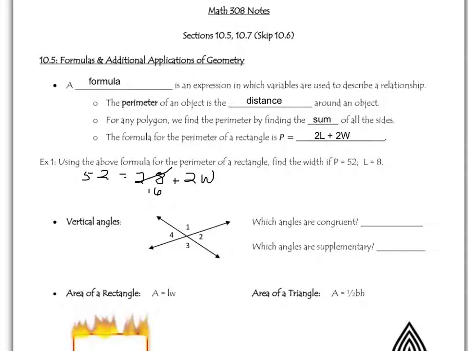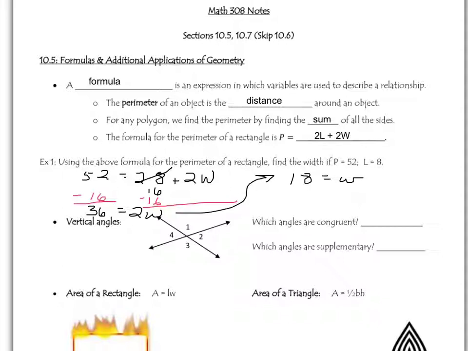And so when we subtract 16 from both sides, we see that 36 is equal to 2W. So let's go up here. This is getting kind of messy. And when we divide both sides by 2, we get 18 equals W. So the width is going to be 18.